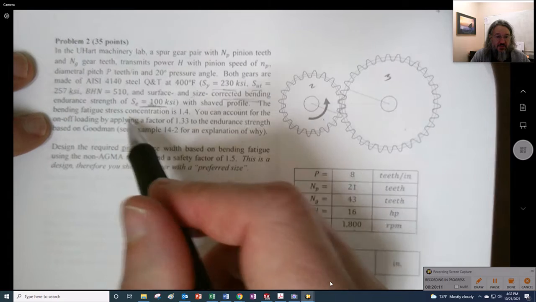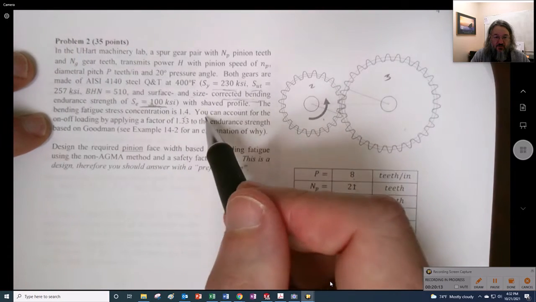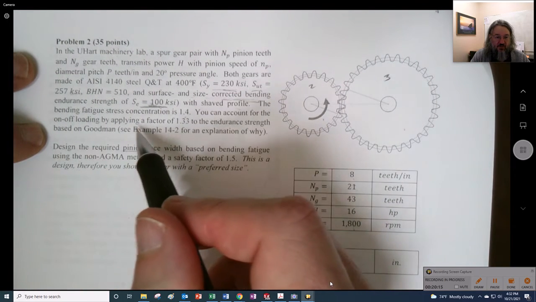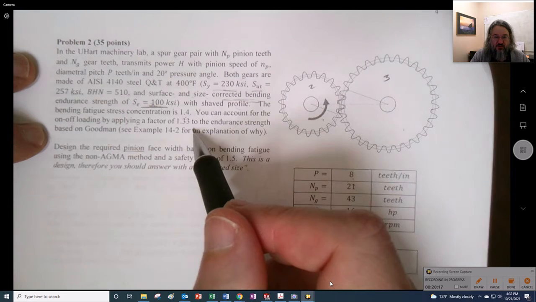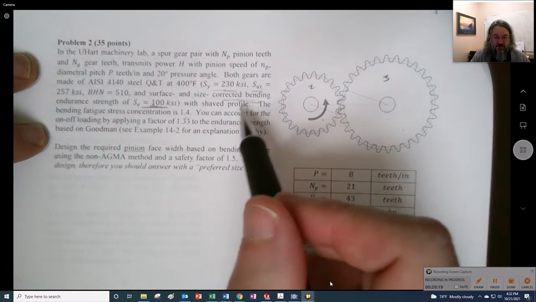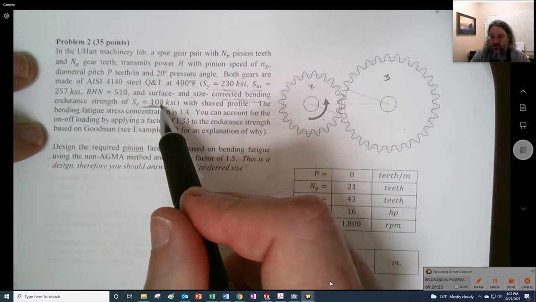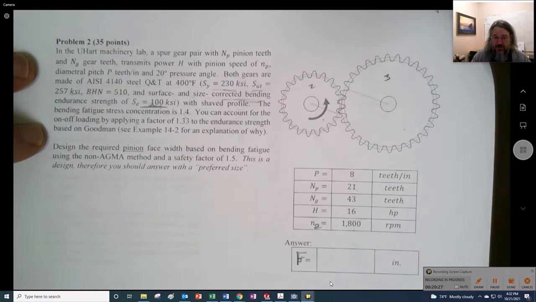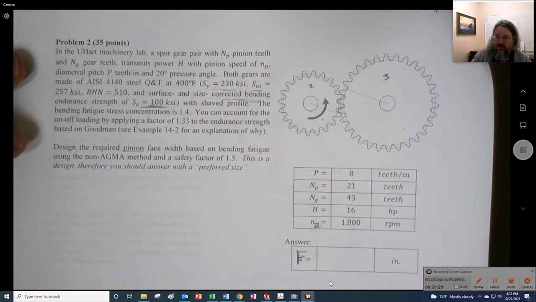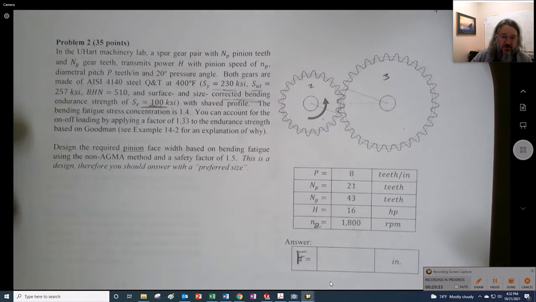The bending fatigue stress concentration is 1.4. You can account for the on-off loading by applying a factor of 1.33 to the endurance strength. So multiply this by 1.33 to take care of that Goodman aspect, the fact that it's an on-off loading instead of a completely reversed loading.